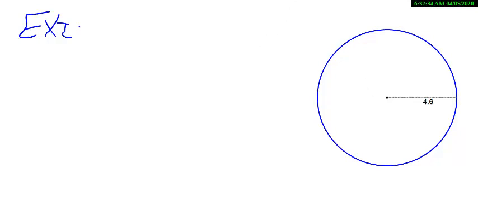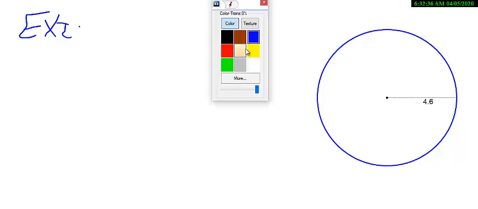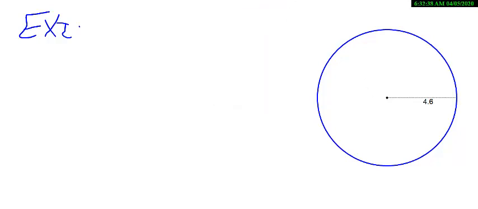Then I'm going to highlight the sector in a different color. I'm going to pick a sector from this circle. This is the sector highlighted by the 2 radii, red radii, and 1 blue arc. We need to find the area of the target sector here.